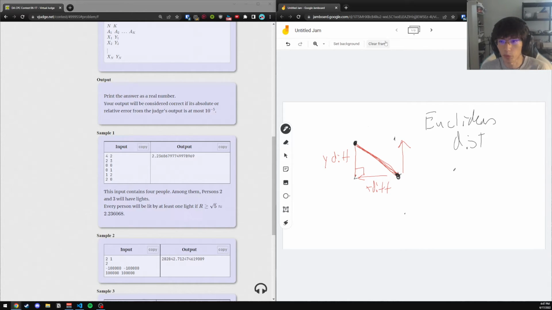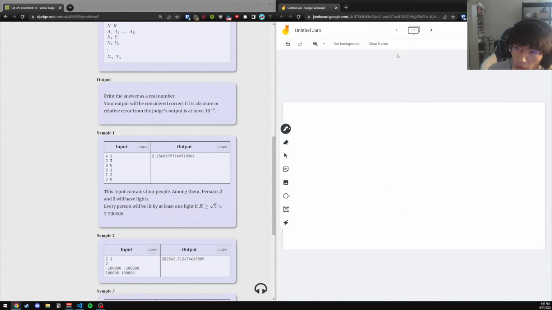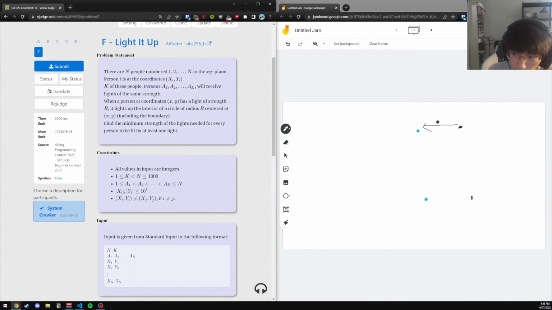But what if there are multiple people with the light? Let's say there's a person with the light here. Let's use a different color. So there's one person with the light, another person with the light, and then you have some random people here. In this case, for each person without a light, the minimum distance necessary is going to be the distance to the closest person that has a light.